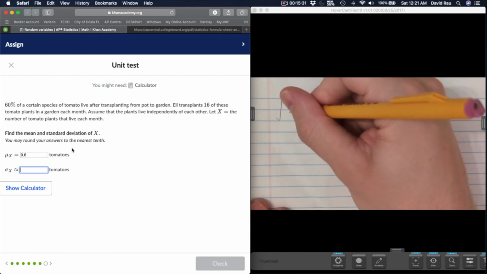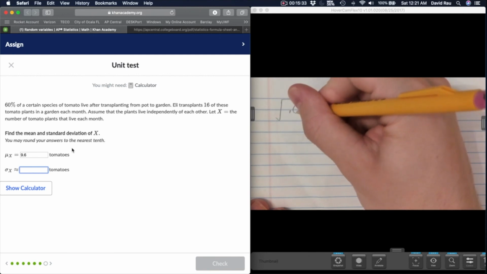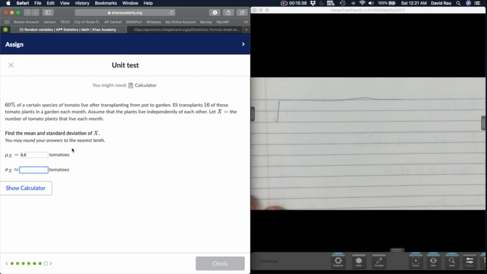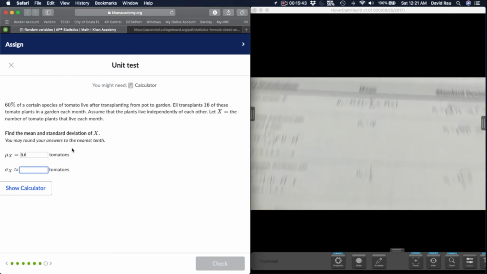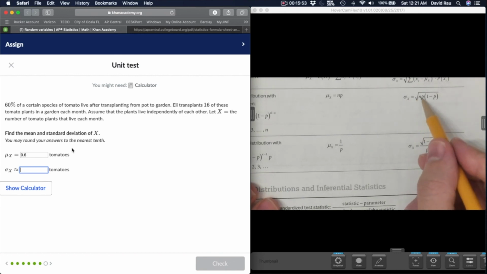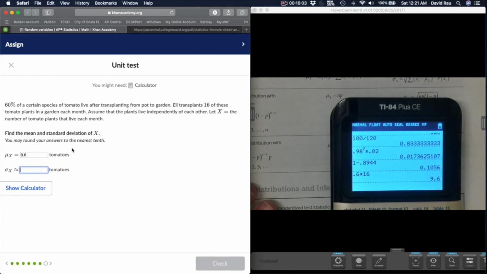Actually, sorry, I need to calculate the standard deviation. So this is actually a binomial probability. Either you do or you don't. And so binomial probability says your initial standard deviation is this right here. Oh wait, so actually I don't have to do too much. I just have to say, well, I'm doing 16 of these, and the probability of yes is 0.6, the probability of no is 0.4. So actually not as complicated as I thought at first.